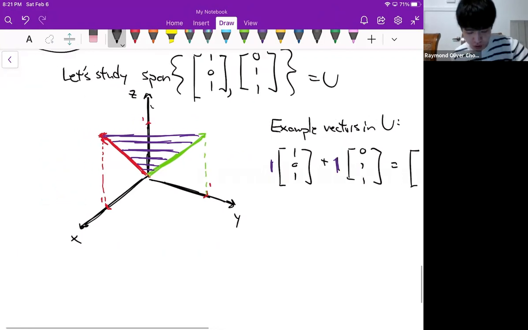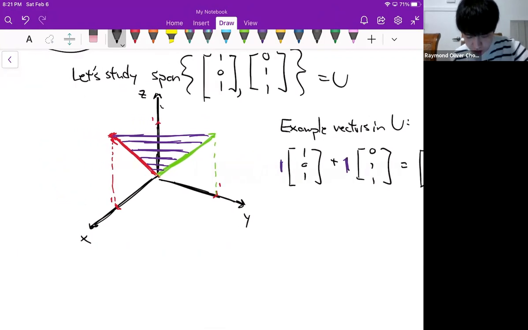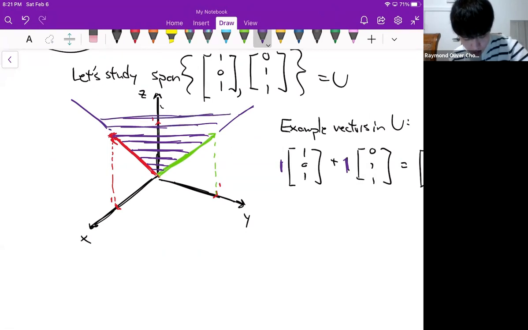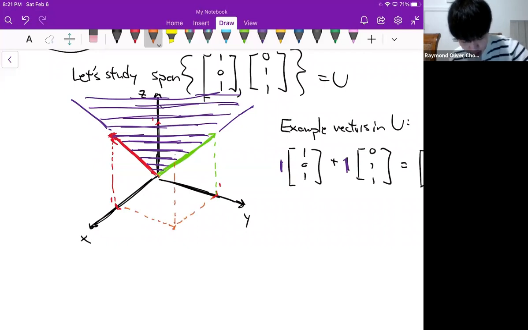Okay, what does 1, 1, 2 look like? Well, if I continue this plane, we trace the square. And so then we go all the way up until we hit the thing. And that looks like it's twice as high up as this point is, right? So 1, 1, 2 is indeed on that plane.